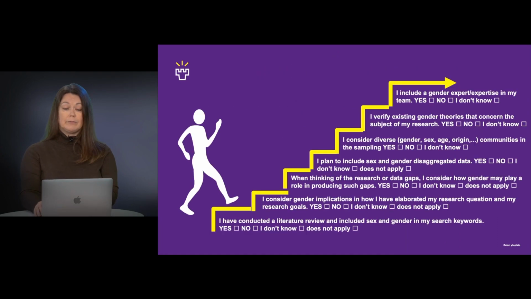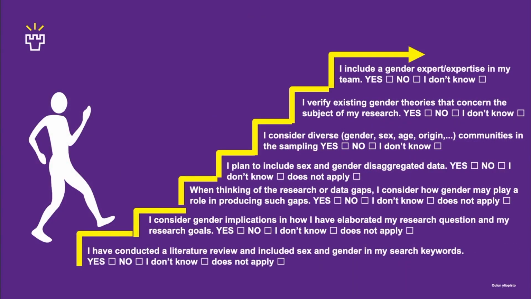And how to do it? We created these gender impact assessment fitness steps for your advice. These are triggering questions that you might go through by yourself or in your team with the help of your research support services in aim to identify gaps that you could improve in your applications.